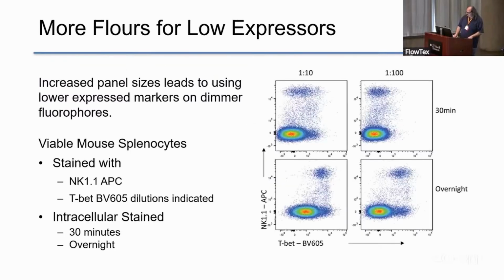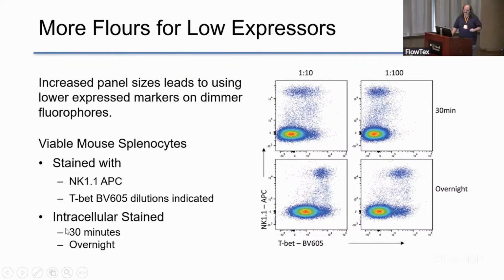All right. This is another example of how you can start using low expressing proteins with dimmer fluorophores. And so in this case, we've stained mouse splenocytes, and we've done that, of course, with T-bet being intracellular.